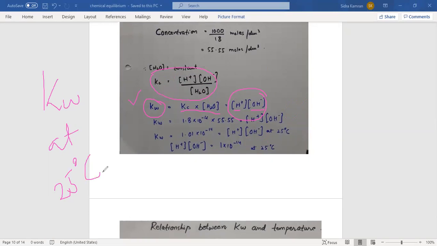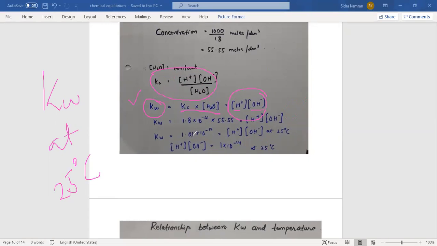Temperature is very important in chemical equilibrium in this chapter. If the temperature changes, the value of the equilibrium constant will change. At a constant temperature, the value of the equilibrium constant remains the same, as we have studied.